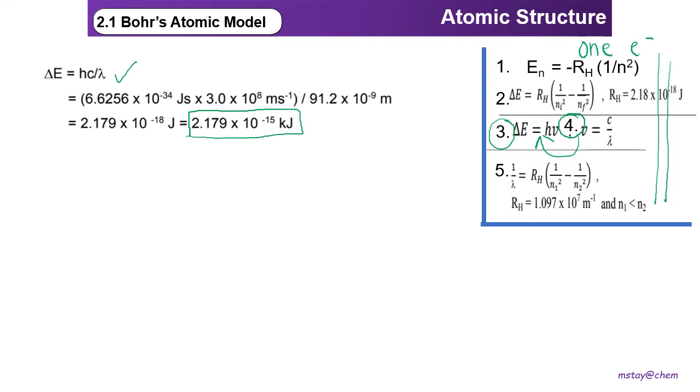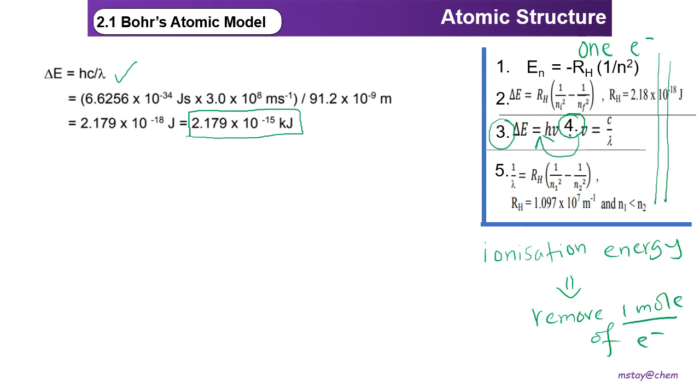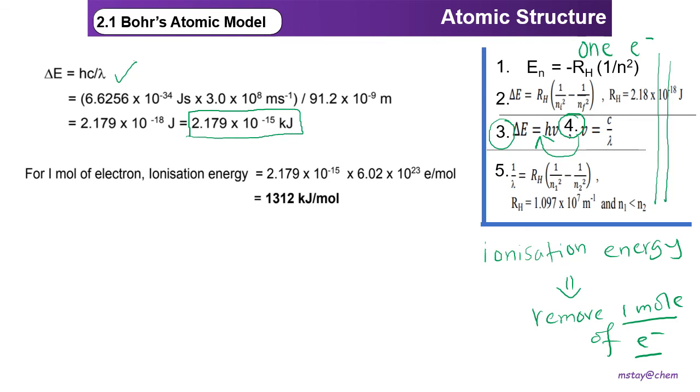If you still remember, the question is asking us to look for the ionization energy, which means removing one mole of electron. One mole of electron is different from one electron. So if we want one mole of electron, we have to multiply with the Avogadro constant.